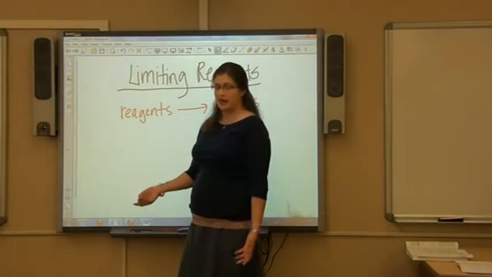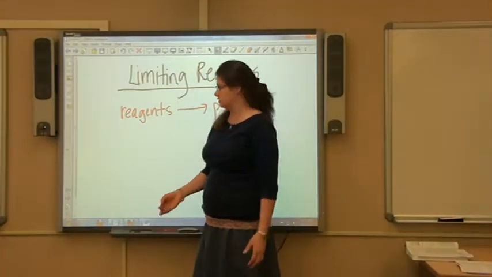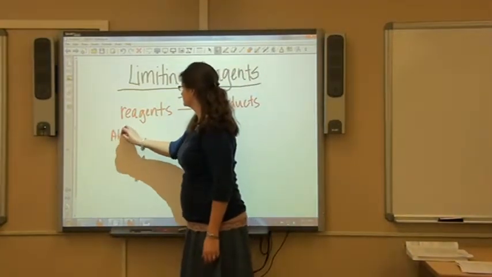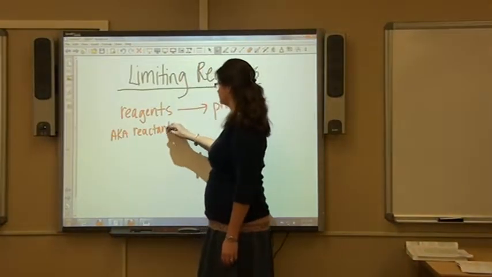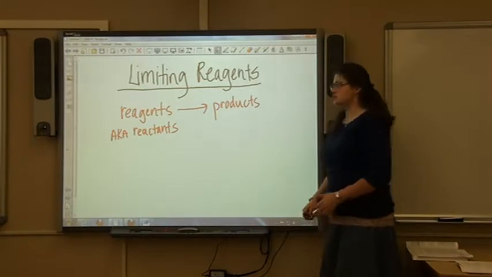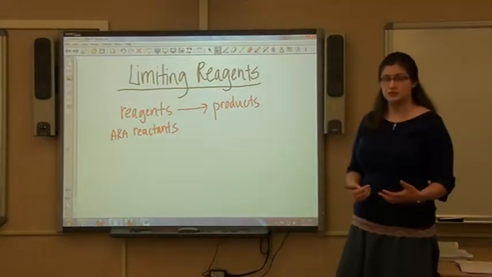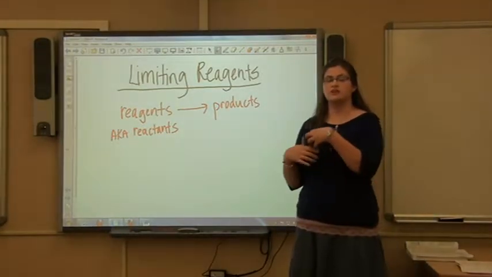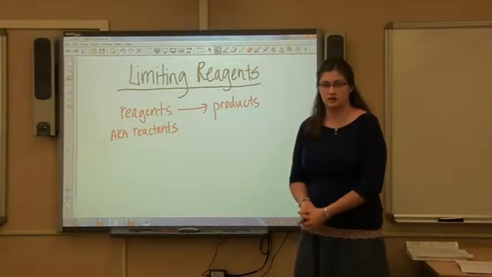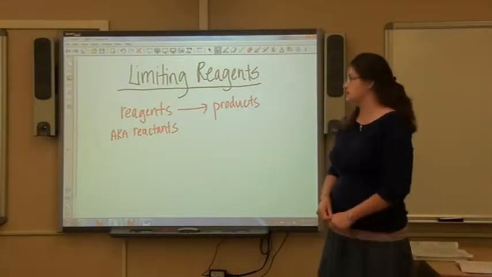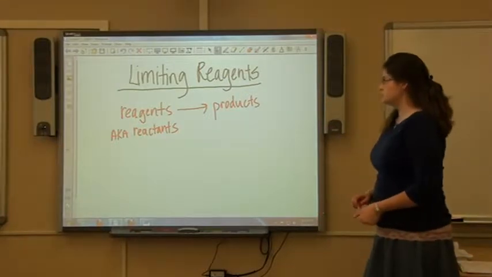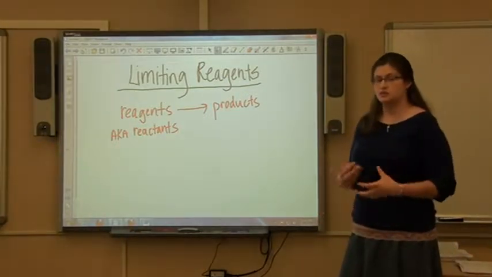Another word for reactants is reagents. So we'll be working tonight with limiting reagents, so everything on the left side of the chemical equation is of importance for us this evening. Reagents and reactants are used interchangeably.